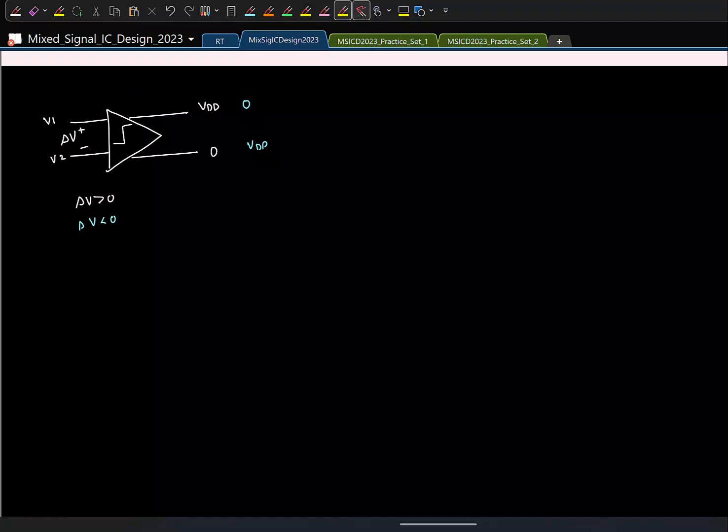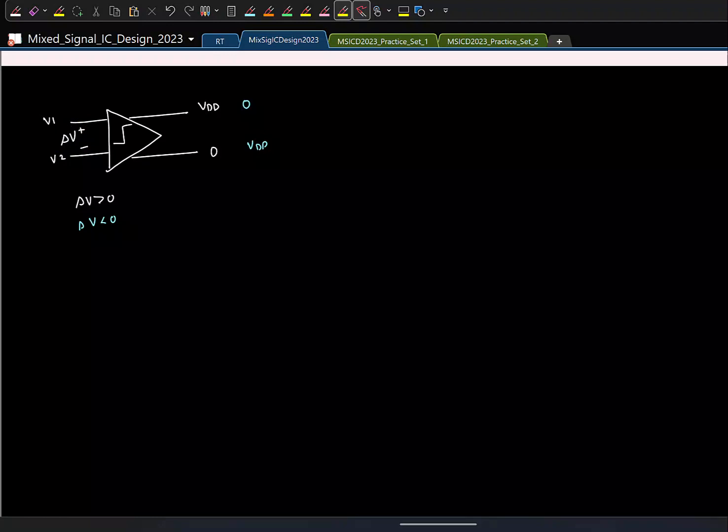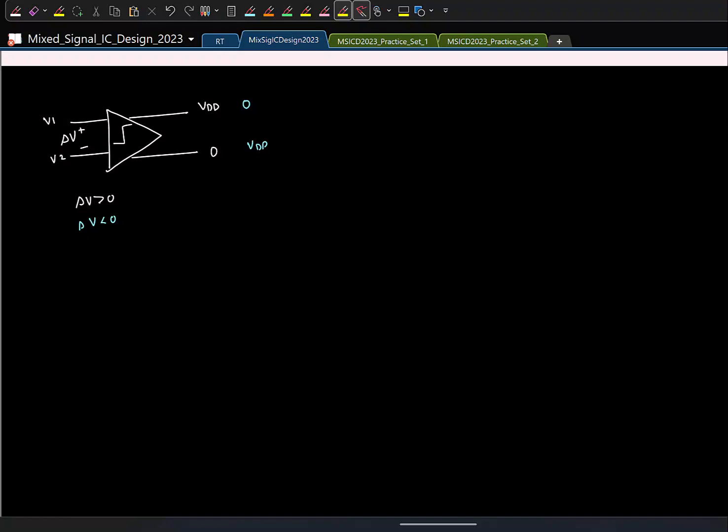Think about it. What we want to do is sense a small difference and increase it by a large amount so that it saturates to supply or ground. So in principle, we can use an amplifier with a gain of A, where the input is delta V. Again, we'll apply VCM plus delta V by 2 like this.